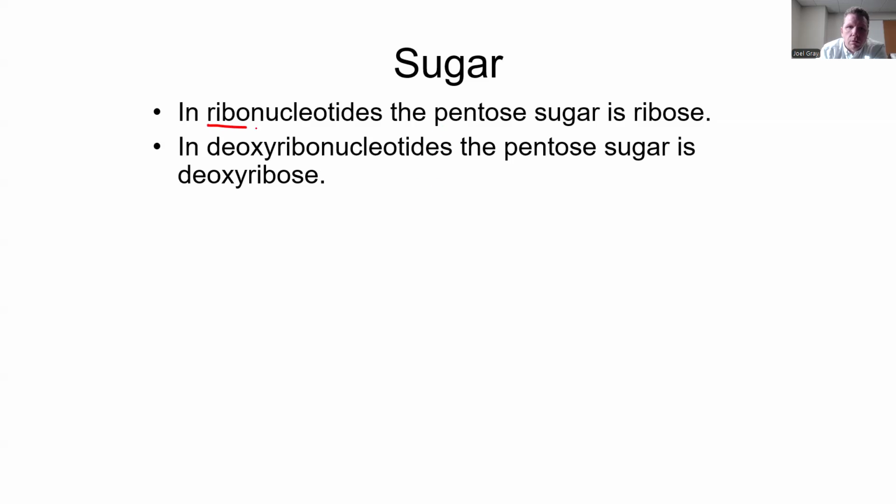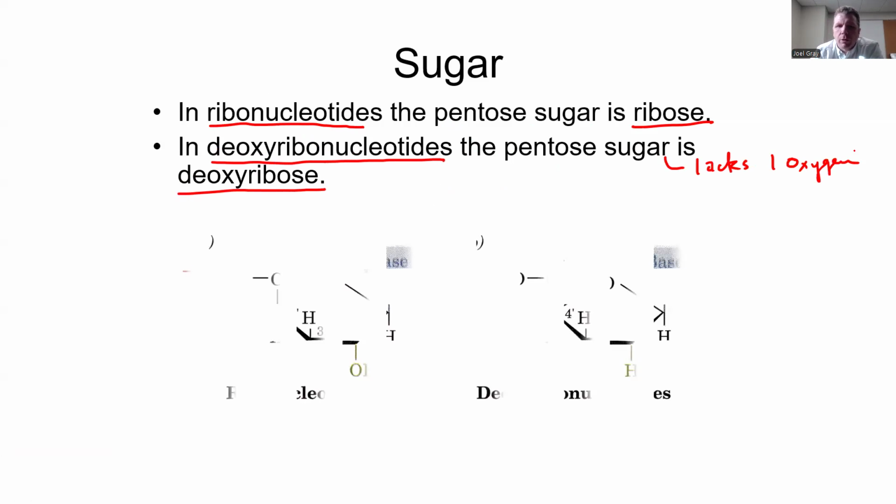Now, in ribonucleotides, and I'm sorry, my tablet's being kind of funky. Now it's back to normal. Clear all these. So we have ribonucleotides, and they have a pentose, and that pentose is ribose. Deoxyribonucleotides, well, the sugar is deoxyribose, so it lacks one oxygen. One oxygen. And that's lacking in comparison to ribose.